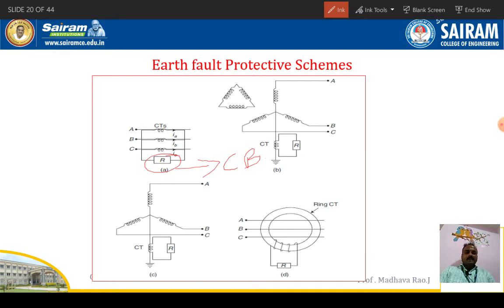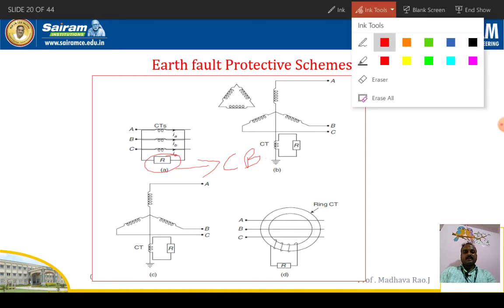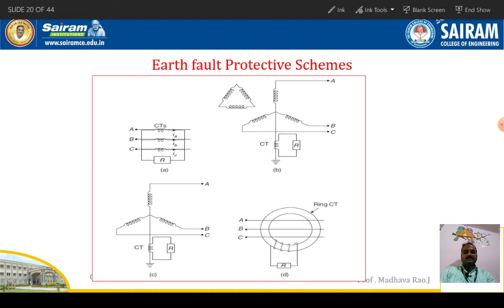So this is how we are protecting the transmission lines using earth fault protection. Coming to the other example, the induction motor. An induction motor has a stator and a rotor. The stator has three phase winding, and the rotor has three phase short circuited windings.